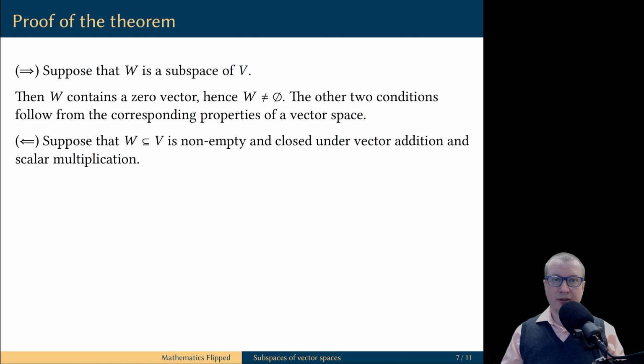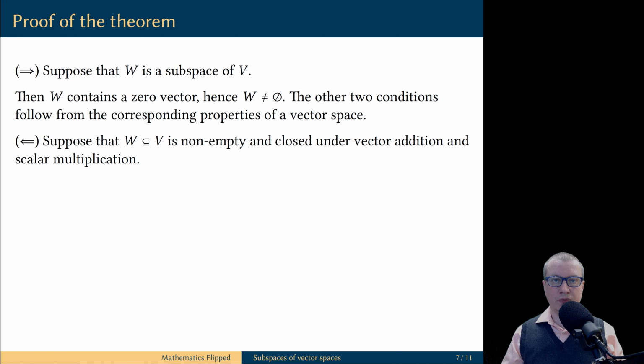It is the opposite implication that is essentially of interest in this theorem. We are going to assume that we have a subset W of a vector space V which satisfies the given 3 assumptions. It is a non-empty set, it is closed under vector addition, and it is closed under scalar multiplication.